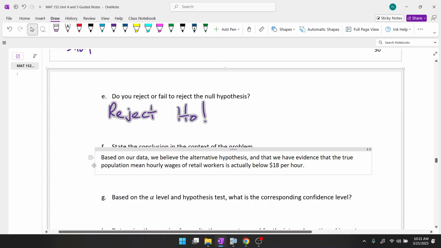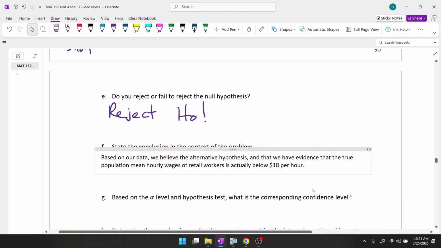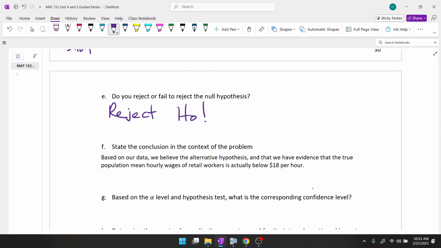Now, we have evidence. That doesn't make it so, though. We just say we have evidence based on our data. That's how you present it in the real world. So keep this in mind now.